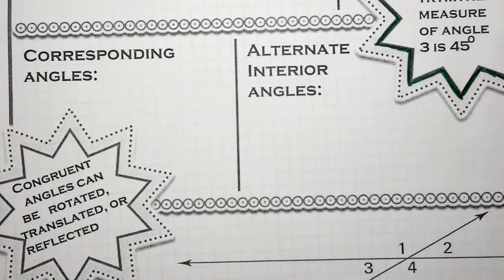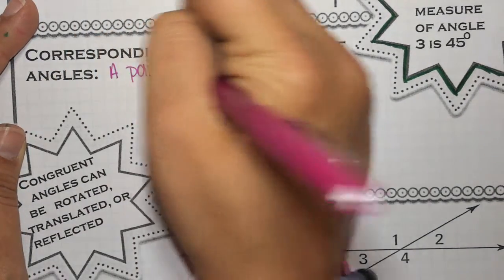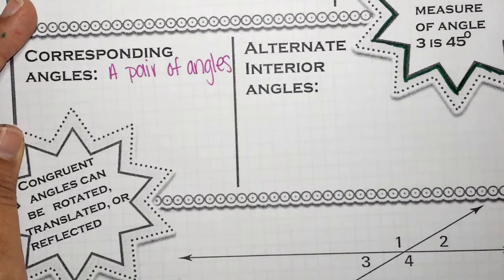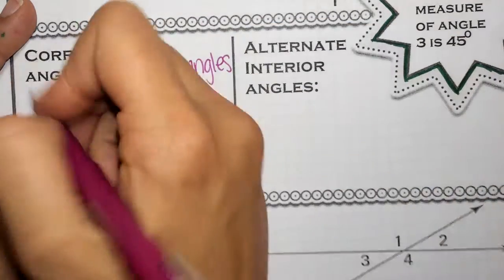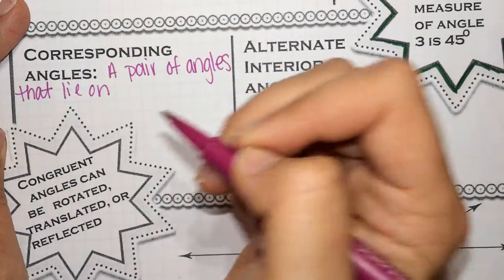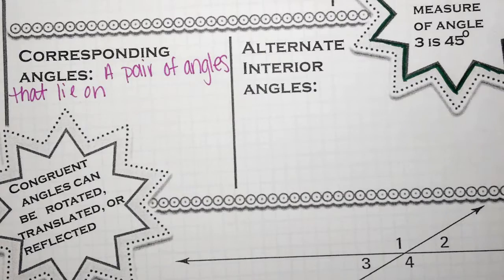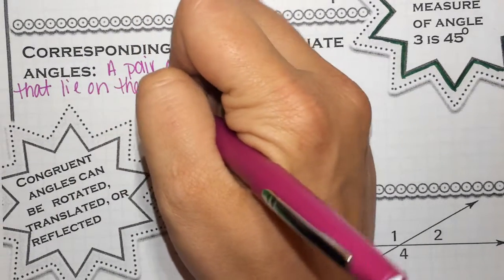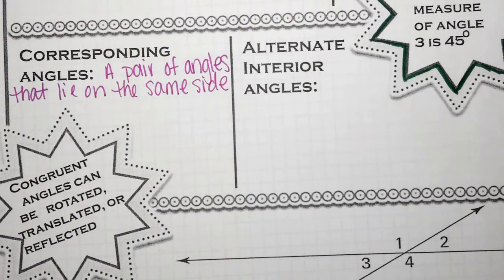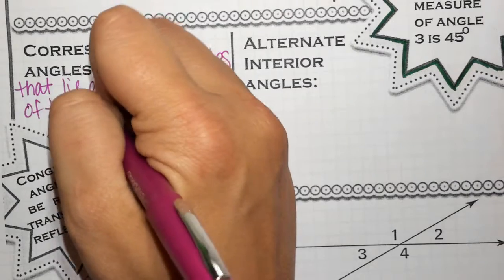Okay. So corresponding angles are a pair of angles that lie on the same side of the transversal.